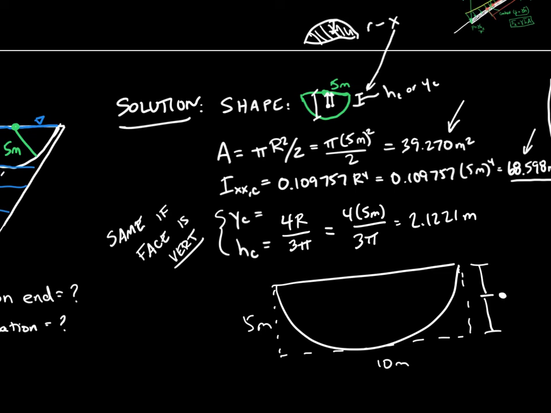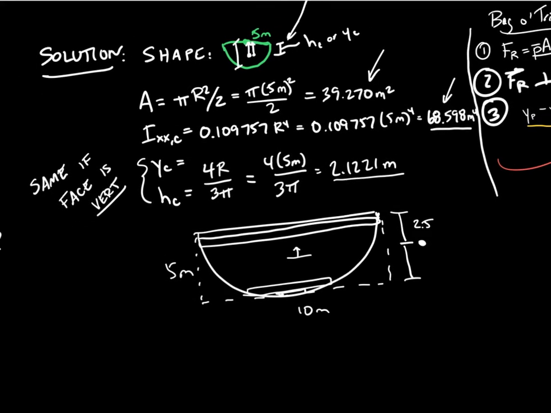Well, we've got more of these low-level values of depth than we do of these high-value depths. So the centroid is not going to be at 2.5. It's going to be up this way a little bit, and we found it to be 2.1221. That makes sense. It should shift towards where the greatest area is. So that's just the way it's got to be.